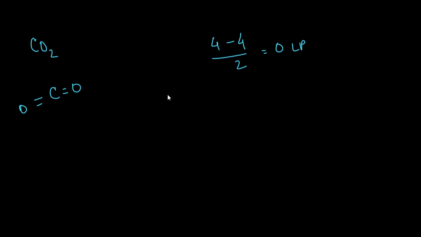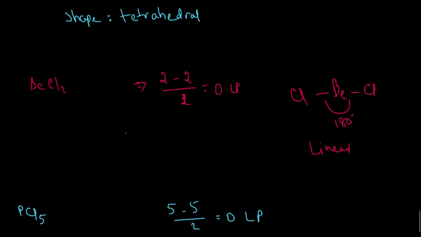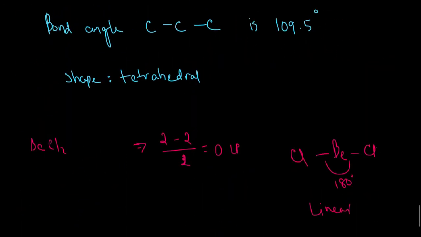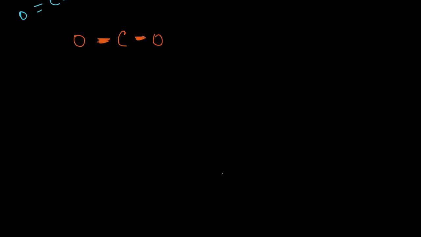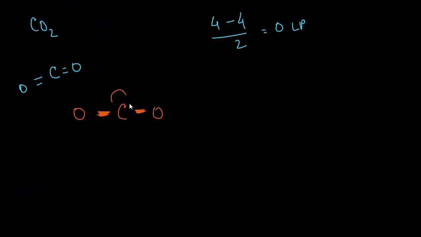We're going to imagine that this is a very thick single bond, and there are no lone pairs. So this becomes just like BeCl2, right? So CO2 should be exactly like BeCl2. So we're going to say the bond angle is 180 degrees and the shape is linear. But of course, never draw it like this.